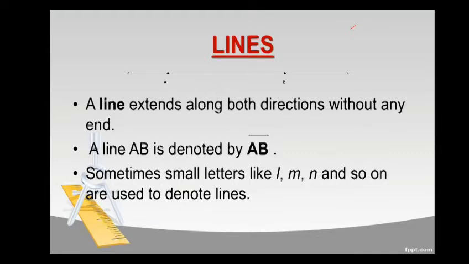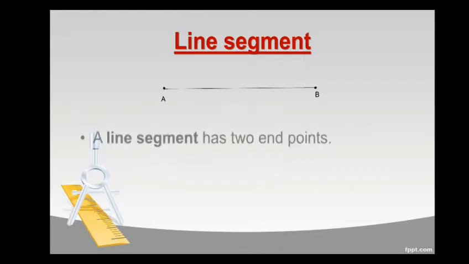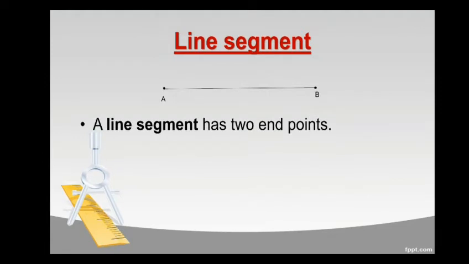So now we'll move to line segment. A line segment has ends. A line segment has 2 end points. Suppose you have 2 points A and B, if you join those 2 points using a line, and it has end points, then that is called line segment AB.